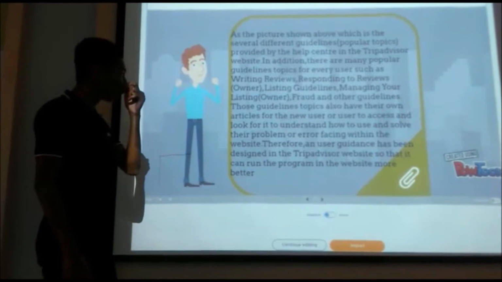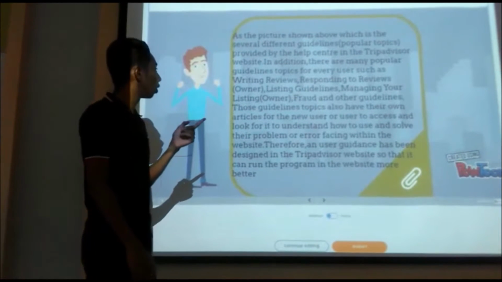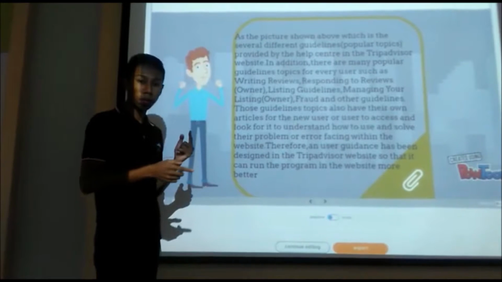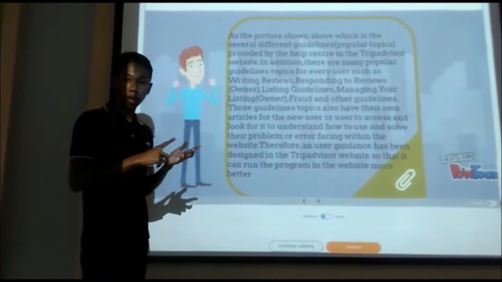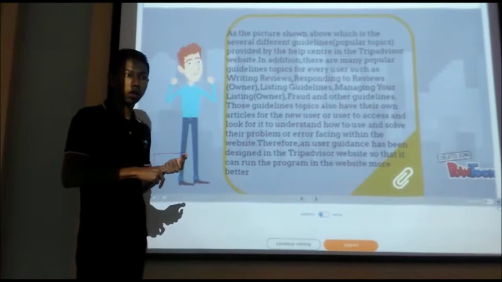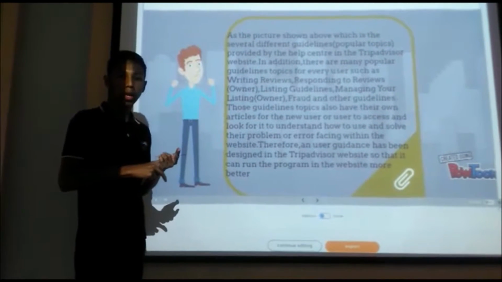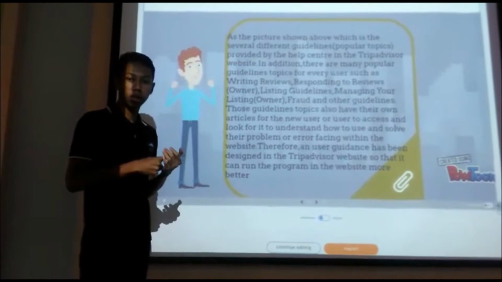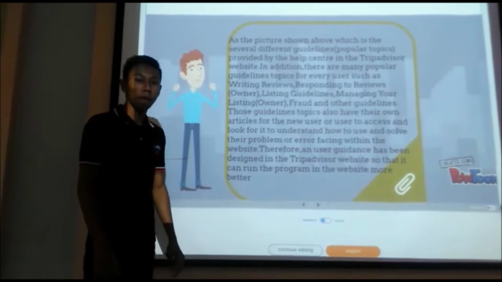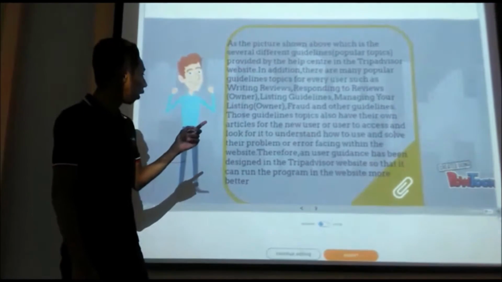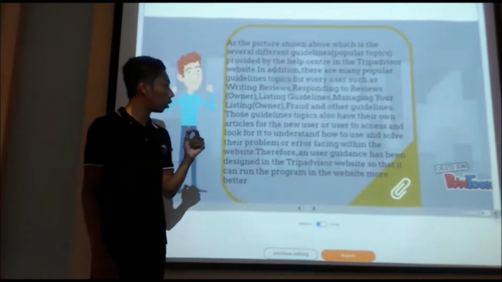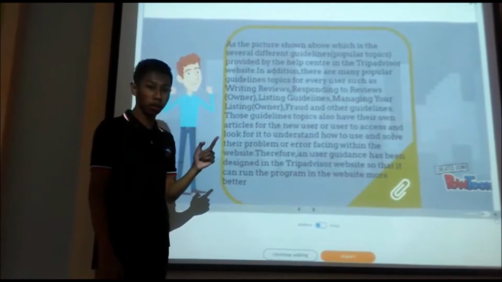As the picture shown in the previous slide, there are several different guidelines in the website. As a simple word, this guideline is the tool that can help the user to use the website in a better way, such as writing review, responding to review, listing guideline, managing your listing, fraud and other guidelines.